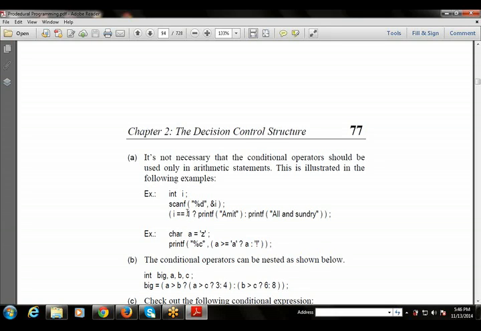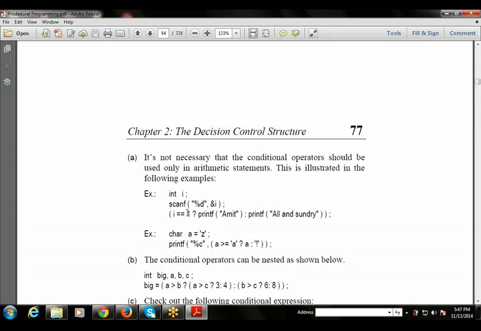If i, the variable given by the user, is equal to 1, then printf Amit, otherwise printf all and sundry. So if the i value is 1, print Amit, otherwise print all and sundry.